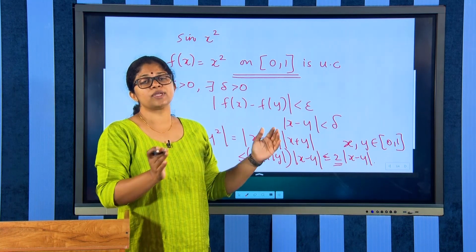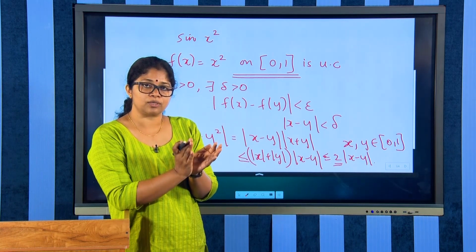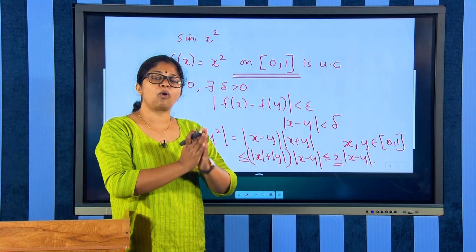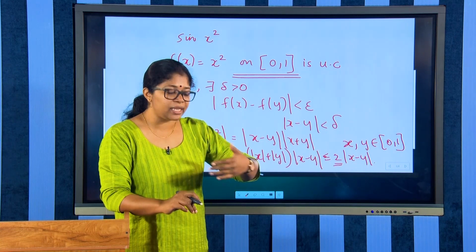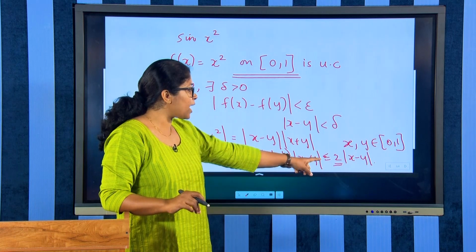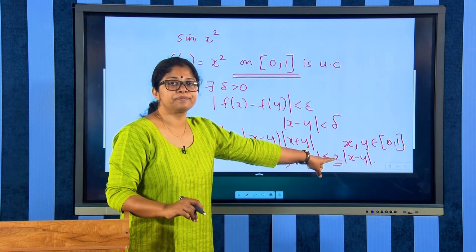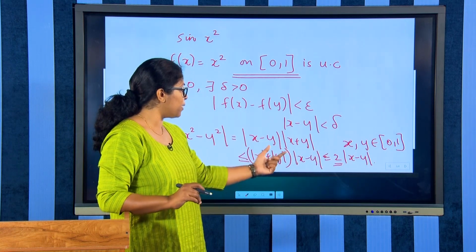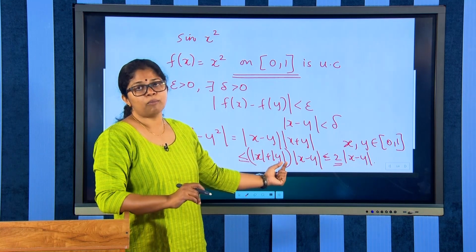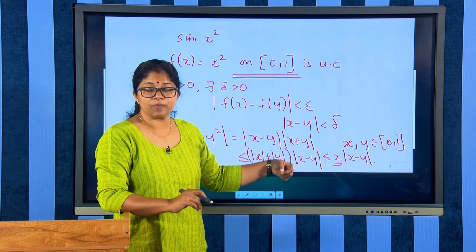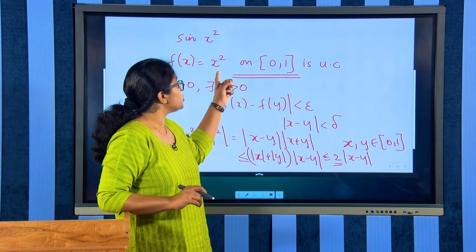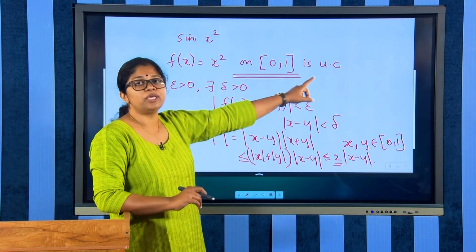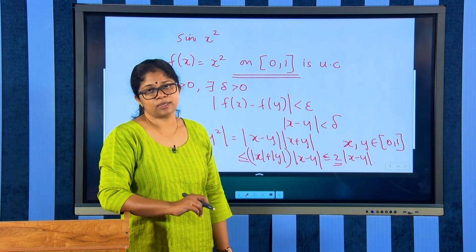Otherwise, if we are not restricting the domain to the closed interval 0 1, and instead the domain is the entire real line, we cannot have a value like this, because we cannot have an upper bound for mod x and mod y. In that case, we cannot have the function f of x equal to x square be uniformly continuous.